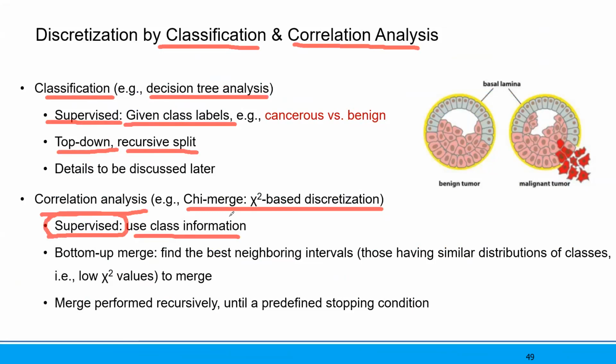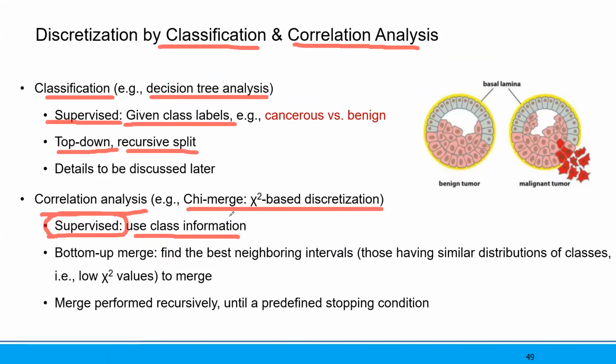We can say this is bottom-up merge because when we have the numerical data, usually the numerical data is the bottom data or the lowest data. And we can find the neighboring intervals. So if they are similar in the distribution, we will merge them.